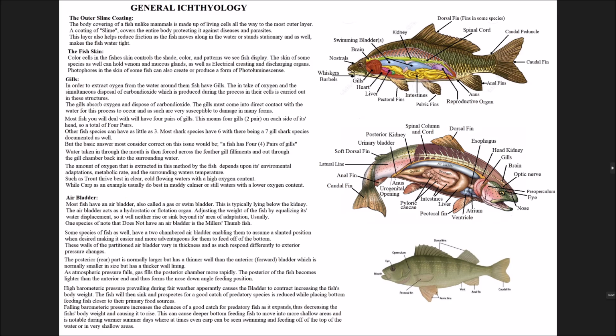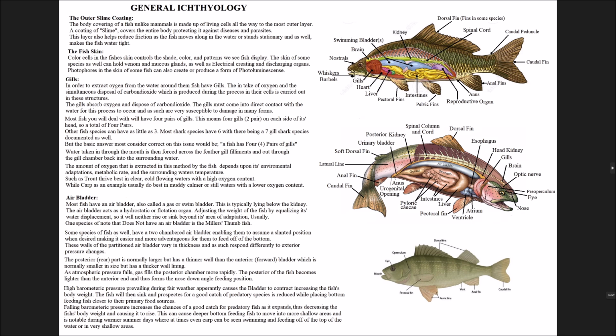Other fish species can have as little as 3. Most shark species have 6, with a 7-gill shark species documented as well. But the basic answer most considered correct on this issue would be a fish has 4 pairs of gills, 2 on each side of its head.